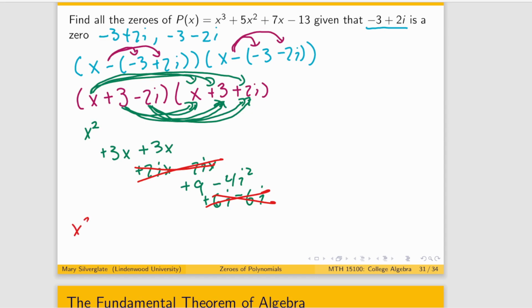So I'm left with x squared plus 6x, and then for this remaining term, 9 minus 4i squared. I know that i squared, by definition, is the square root of negative 1 squared.